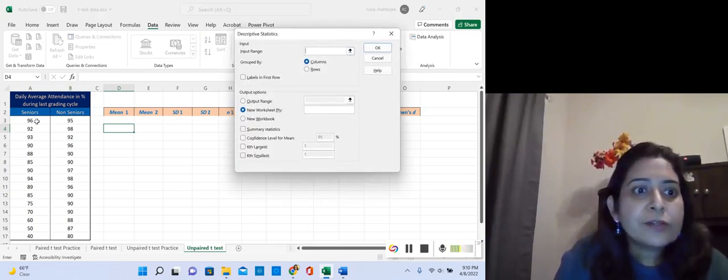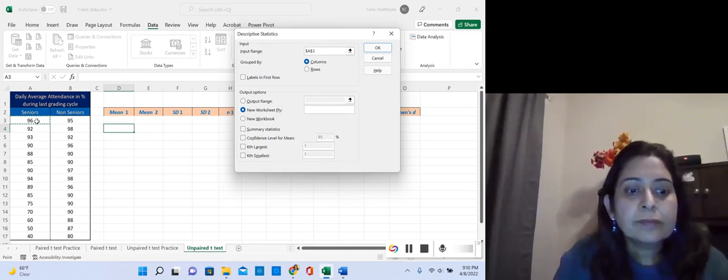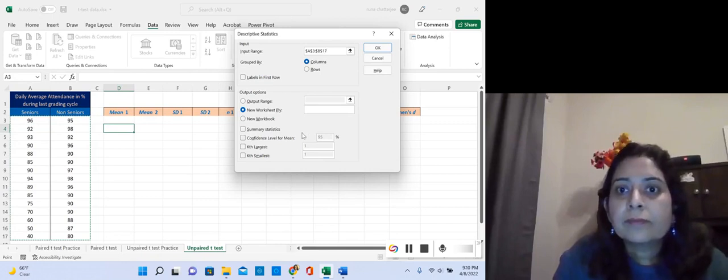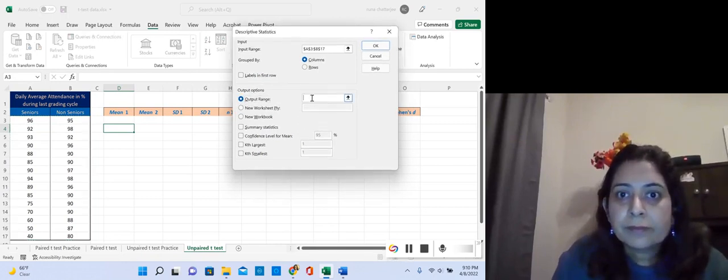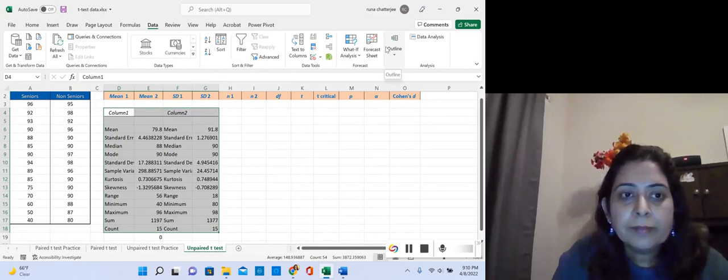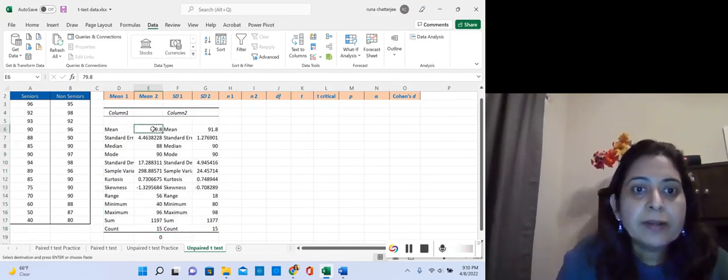Input range. Summary. So I will just go ahead and copy my data into here.